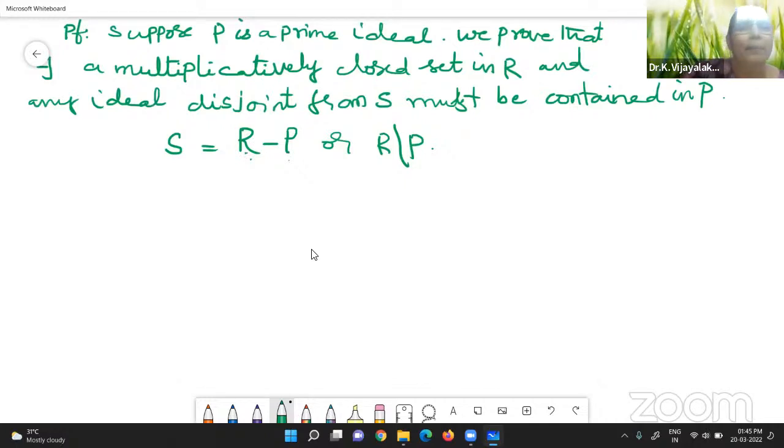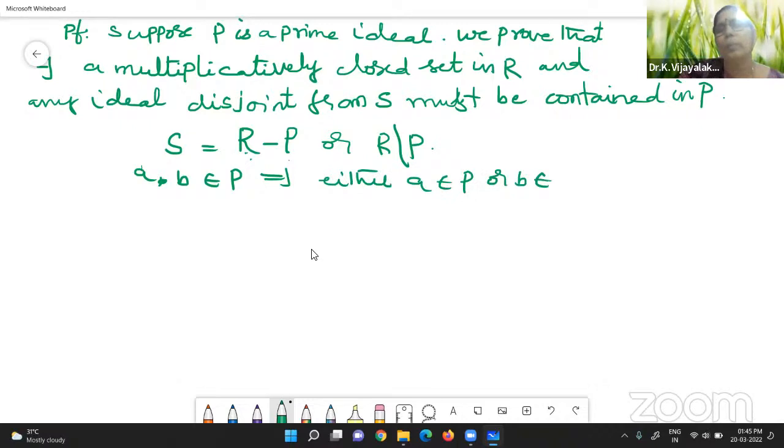What do you mean by prime ideal? Prime ideal means ab belongs to P implies either a belongs to P or b belongs to P.